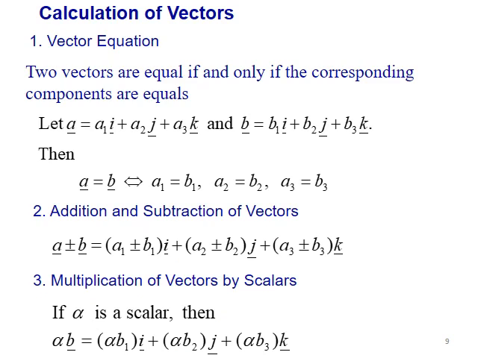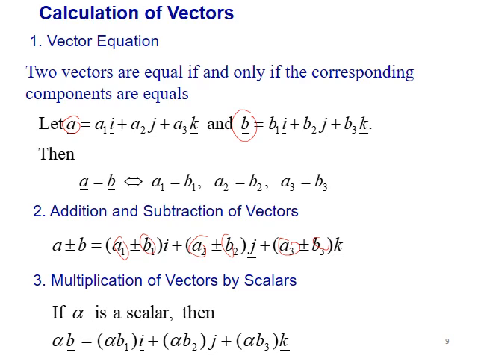Now if we have two vectors a and b, represented as you can see here, and we want to add or subtract them, we go to the i, j, k items and add or subtract them. As you can see here, a1 b1, a2 b2, a3 b3. Still we will come up with a vector.